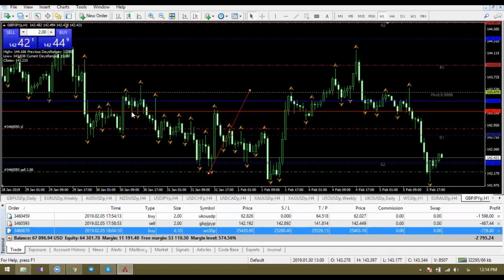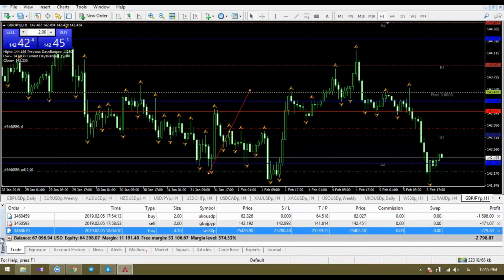Shadow is part of the candle, so you shouldn't think it's apart from it. Either the shadow or the body would touch the pivot. Sometimes it would touch the body, sometimes the shadow. That's our opening and closing pivot.